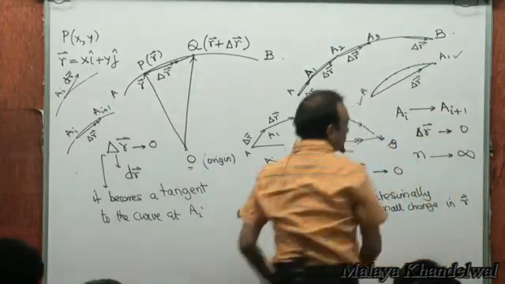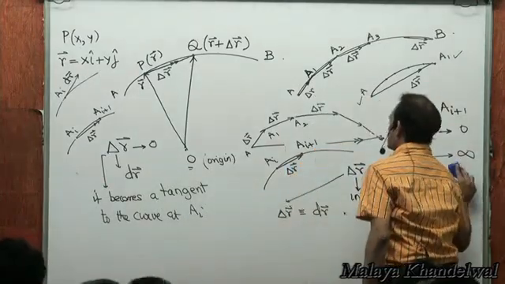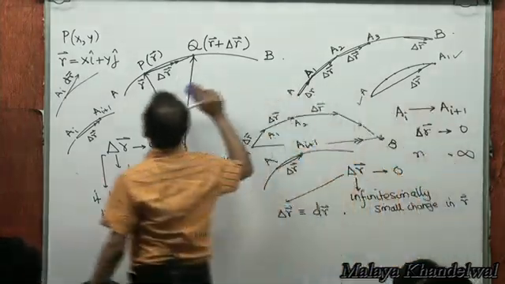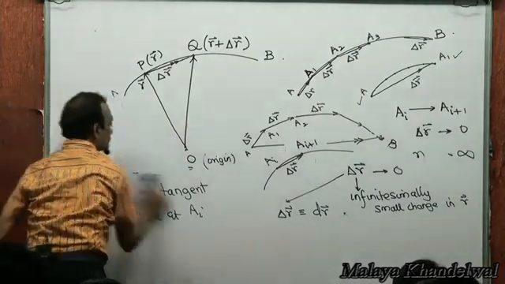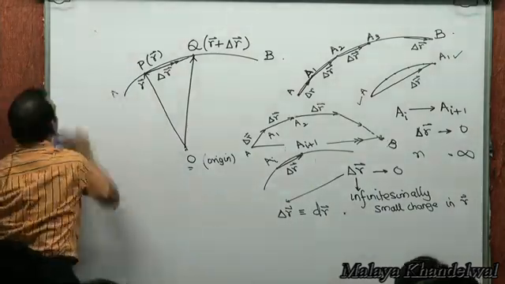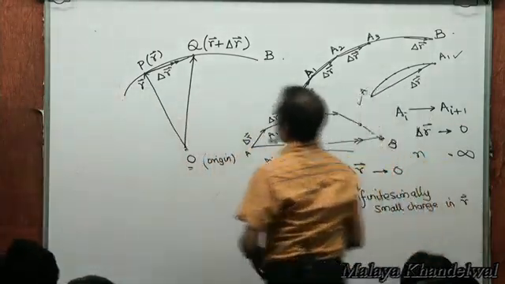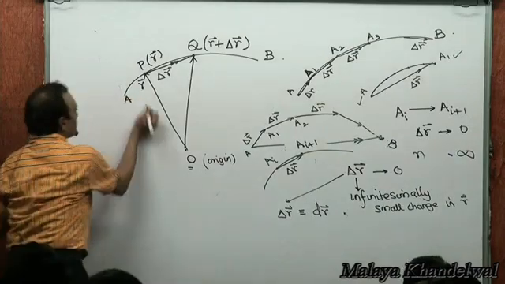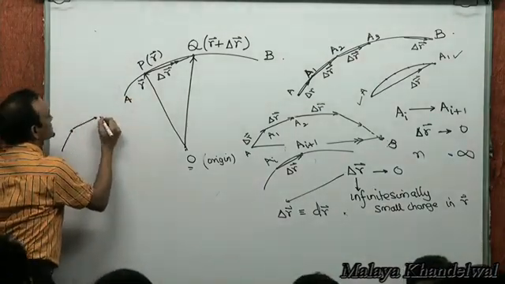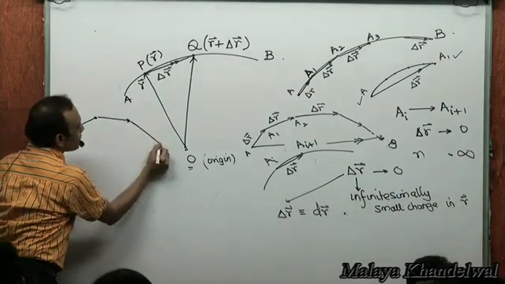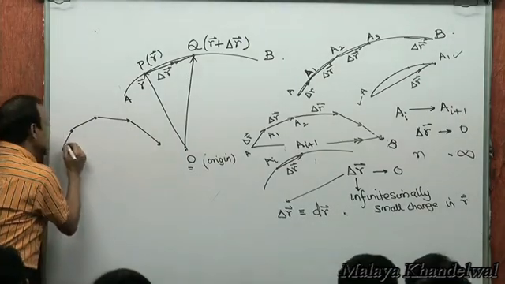Right? Now, in principle then, while these delta r's are like this, which is an approximation to the curve, there are a finite number of these delta r's.